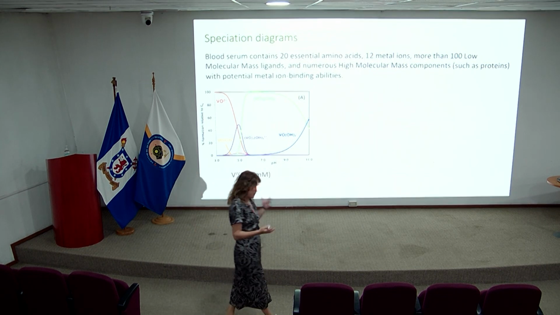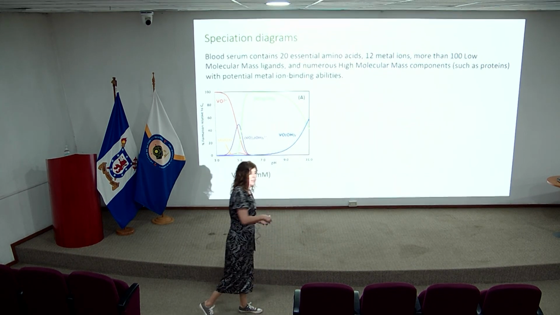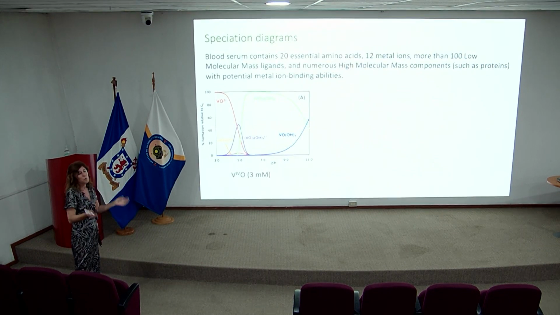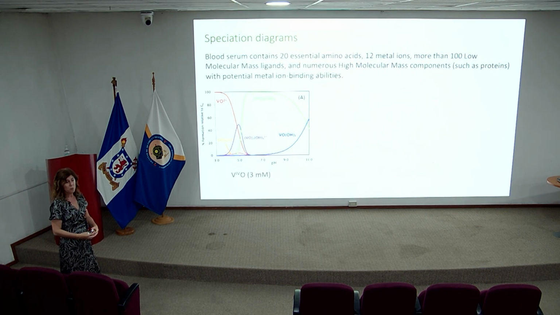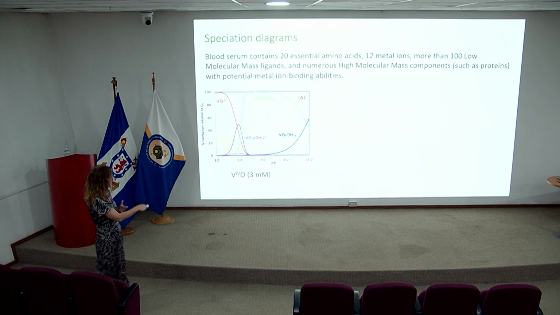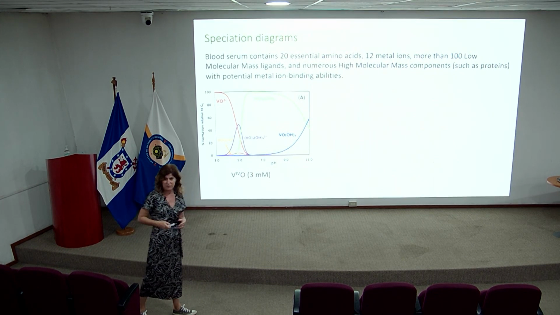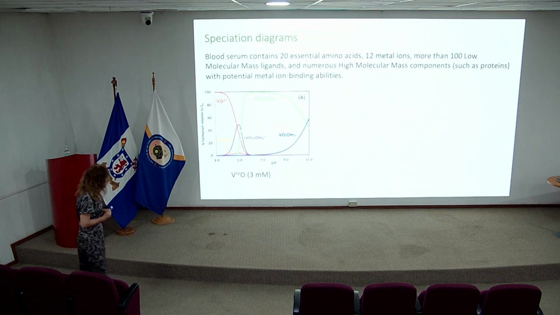And sometimes we don't do it, some people have done it, but typically the conclusion is that the metal will form a hydroxide which will precipitate from the solution. So in fact, at physiological pH, we typically do not have the free metal ion.